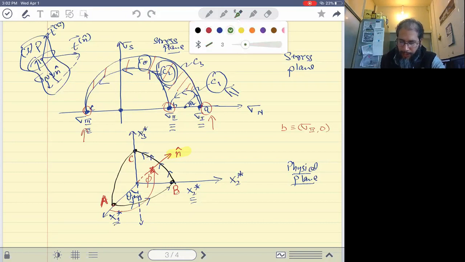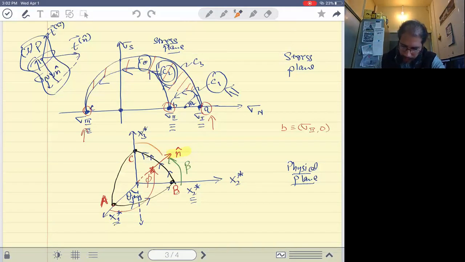Similarly, the angle n hat makes with x2 star, we'll call it beta. And the angle it makes with the x3 star direction, we'll call it theta.